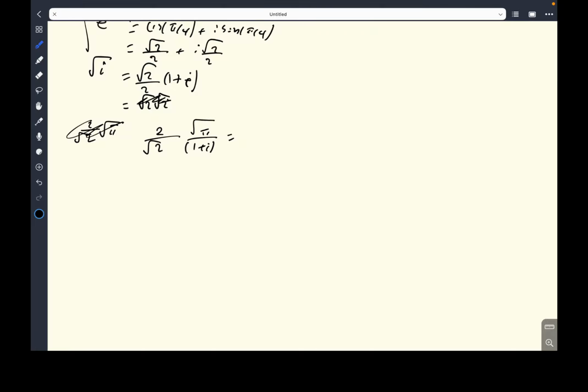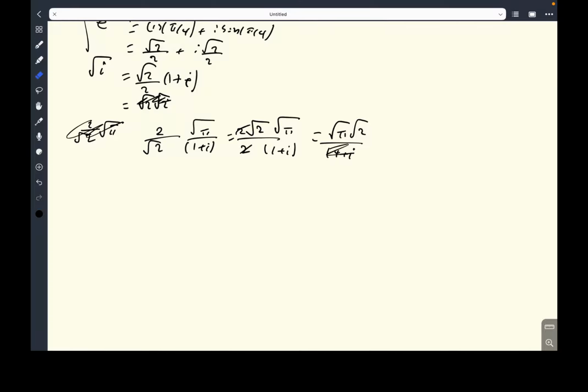And if I multiply both sides by root 2, it's going to be 2 root 2 over 2 root pi over 1 plus i. The 2's are going to cancel out. It's going to be left with root pi root 2 over 1 plus i.